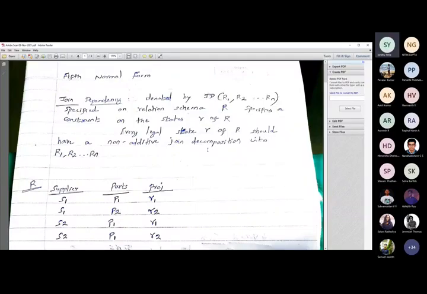Right? So fifth normal form is based on join dependency, right?